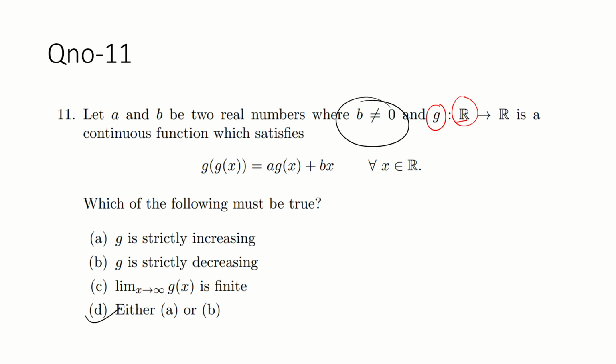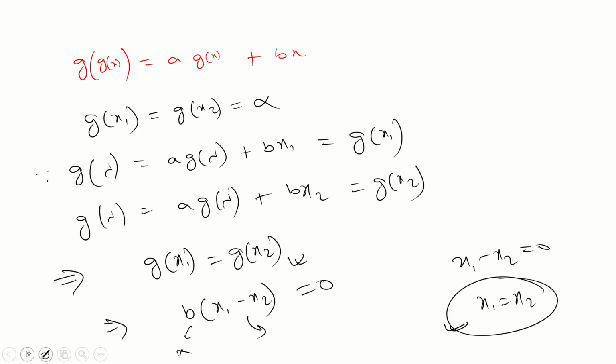So that's the concept behind this question, guys. So D should be the correct option, either increasing or decreasing. Why? Because this function is injective or 1-1, and we know a 1-1 function is either increasing or decreasing.